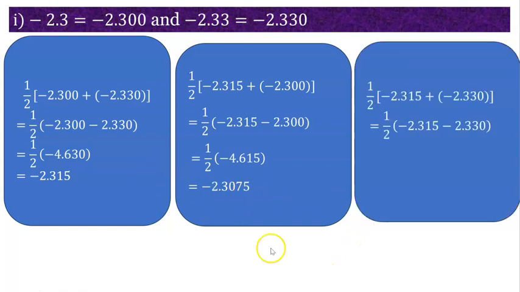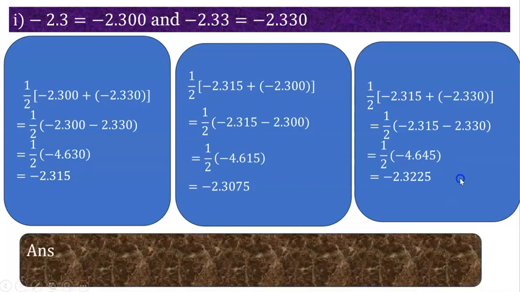Next, the number between minus 2.315 and minus 2.330, we add them and divide by 2. Their sum is minus 4.645 divided by 2, which equals minus 2.3225.